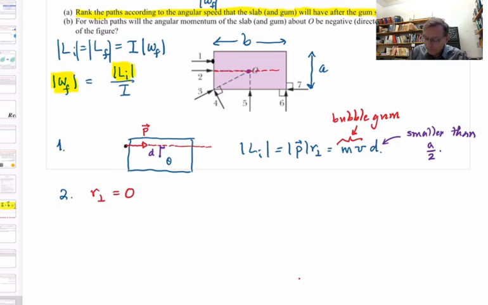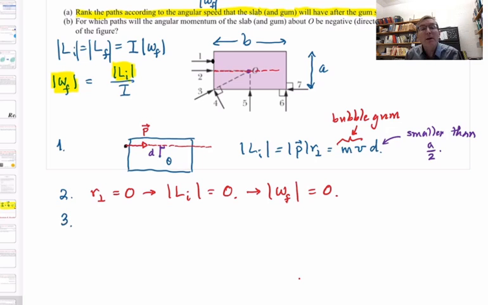It's 0. So the initial angular momentum in this case is 0. So how much rotational speed am I going to have after the collision? Omega final. None. It won't rotate at all after the collision. Okay, well that's easy to rank.